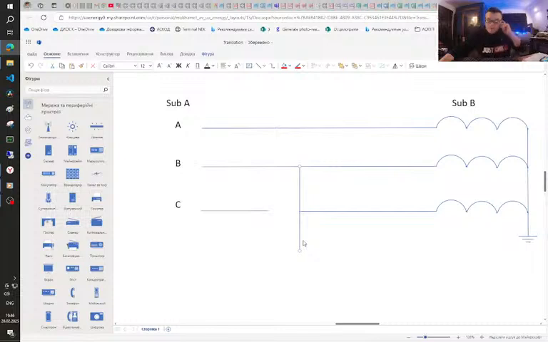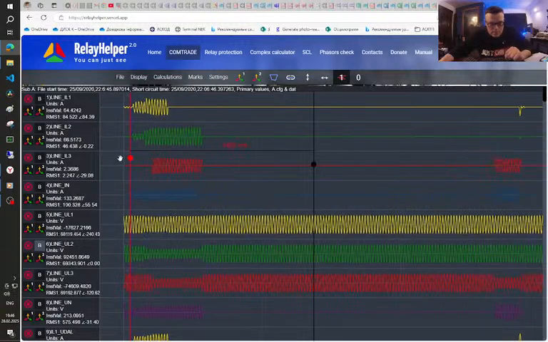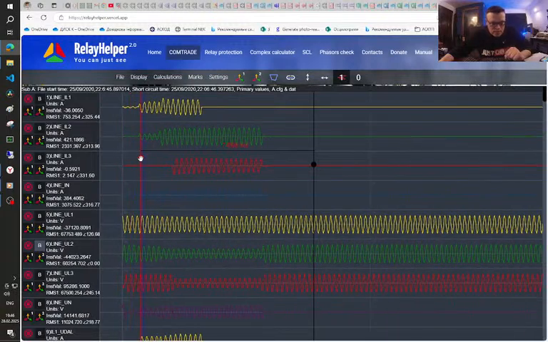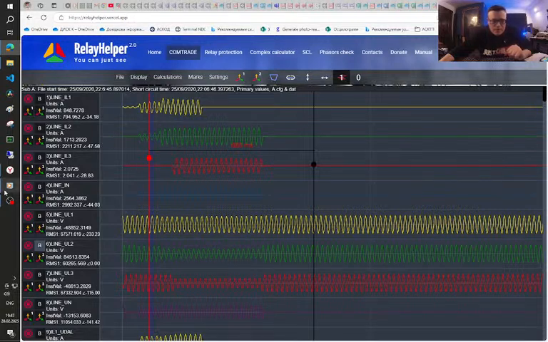And because we have zero sequence current, we have a short circuit to the ground. So in the first study of the short circuit, we see that picture.